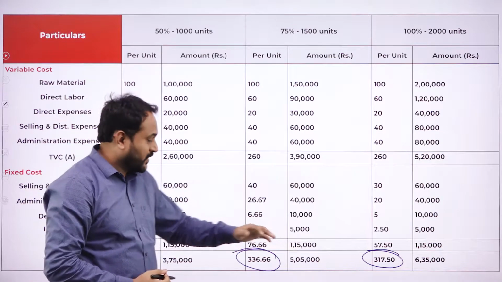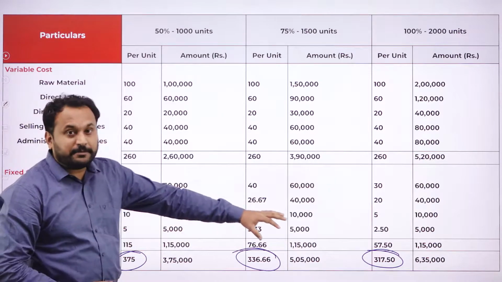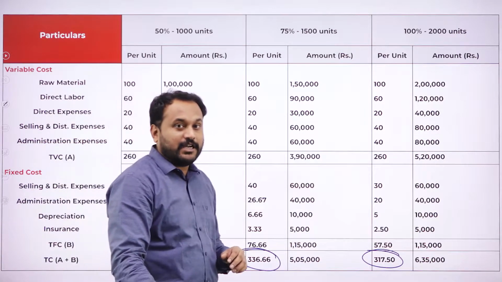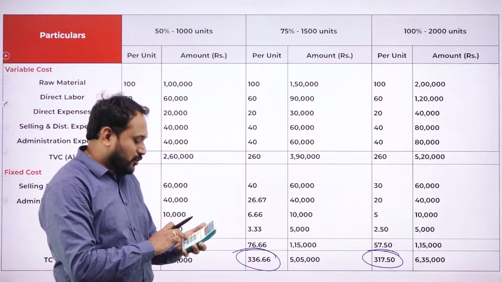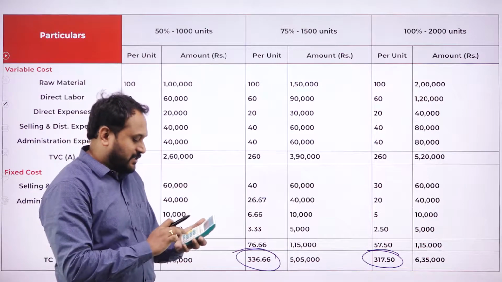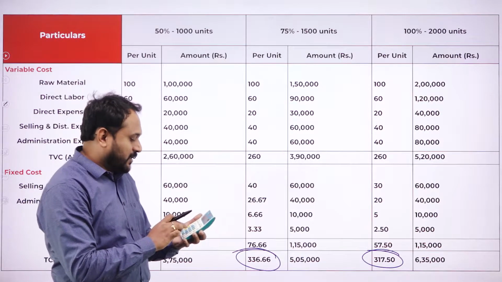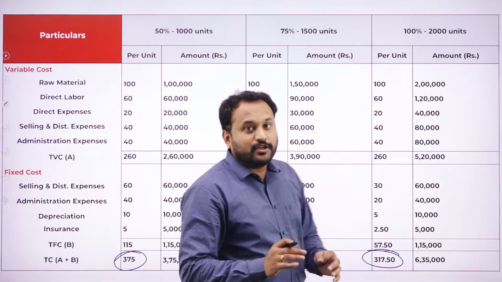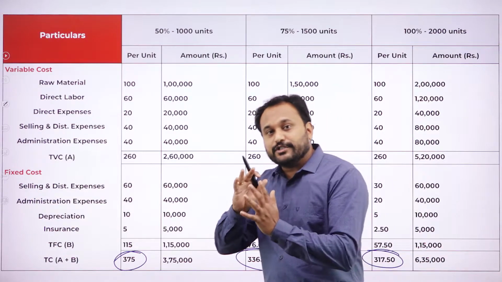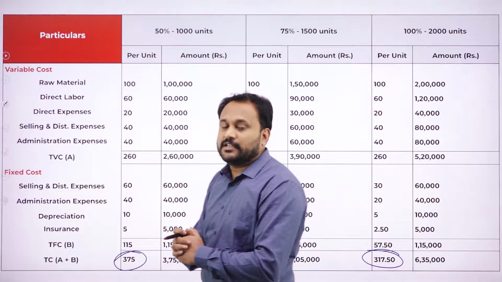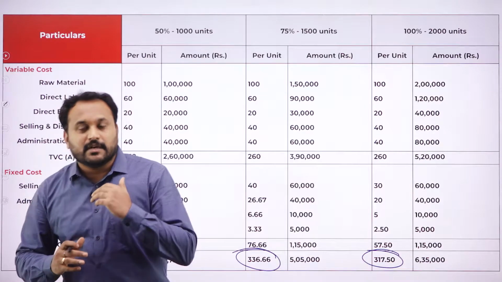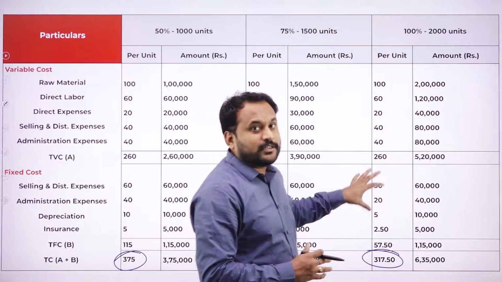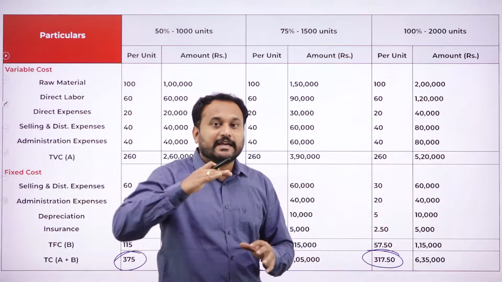If you compare 50% and 100%, you have a difference, that is 375 minus 317.5. So 57 rupees 50 paise you're actually saving if you produce more. That's the only reason people always manufacture in bulk, because they want the total cost per unit to be less.